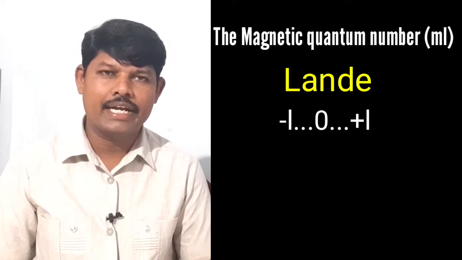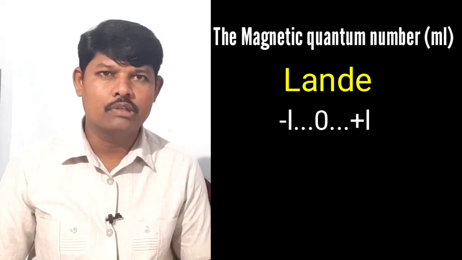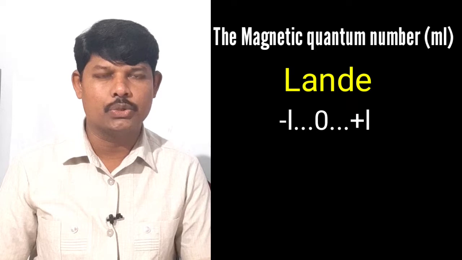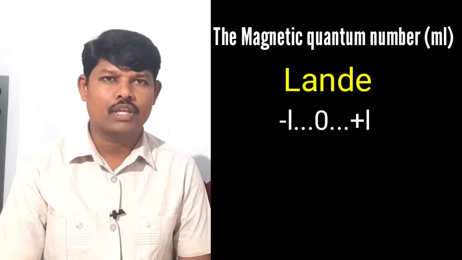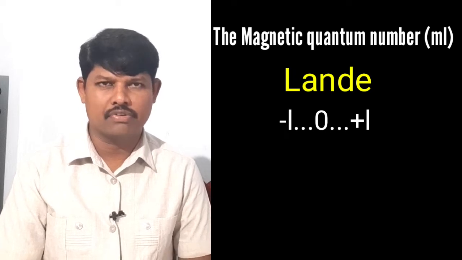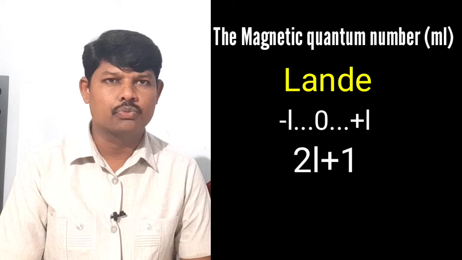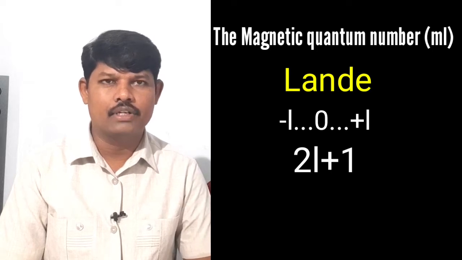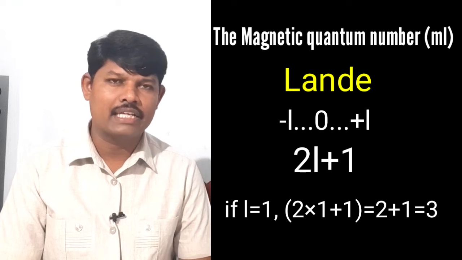So it starts from minus l to plus l including 0. We can find the number of m_l values by using the formula 2l plus 1. For example, l is equal to 1. How to find the number of values? 2l plus 1 is the formula.